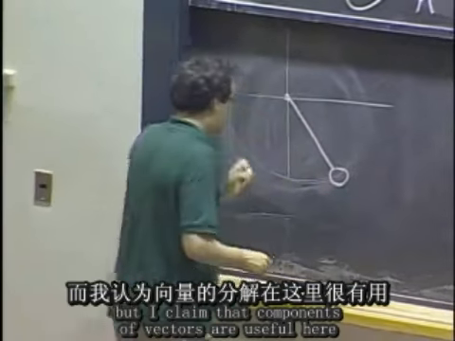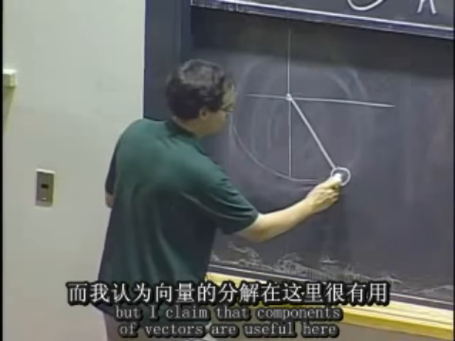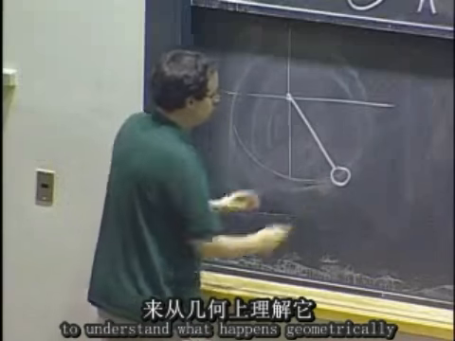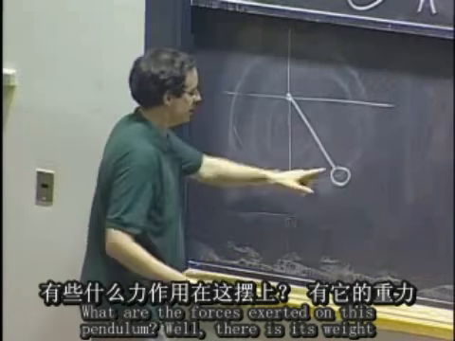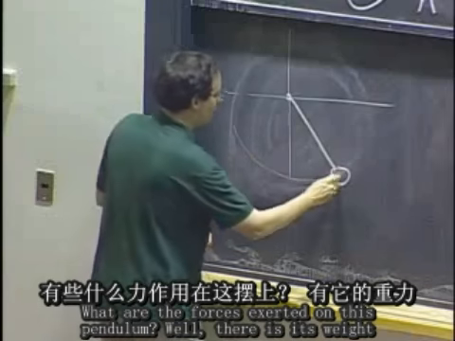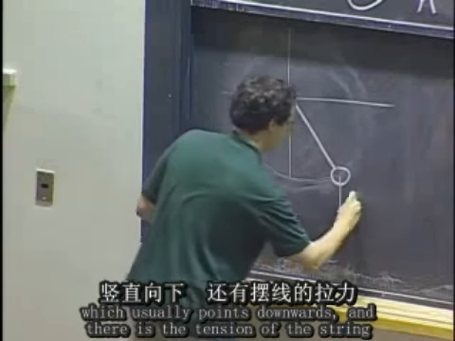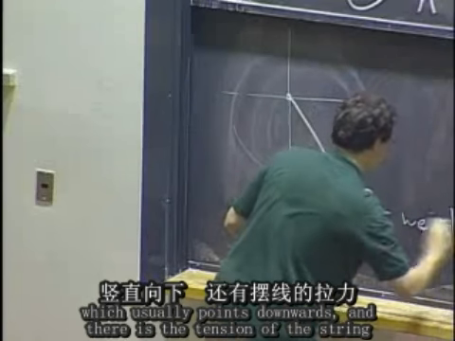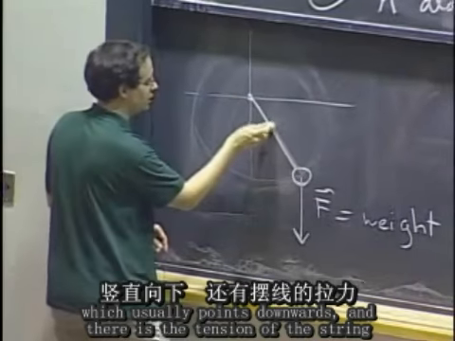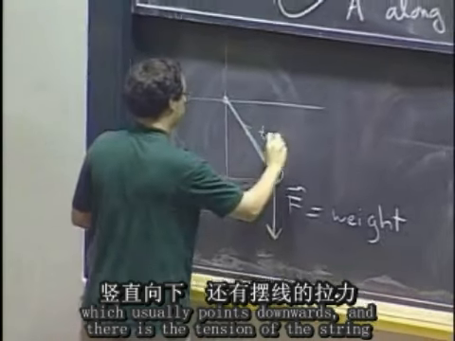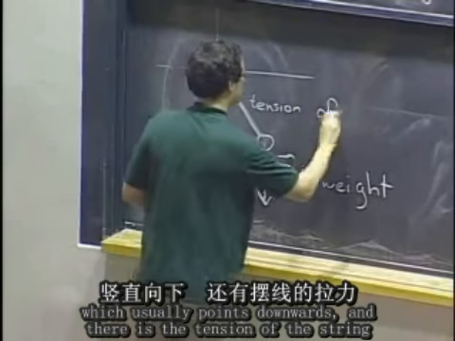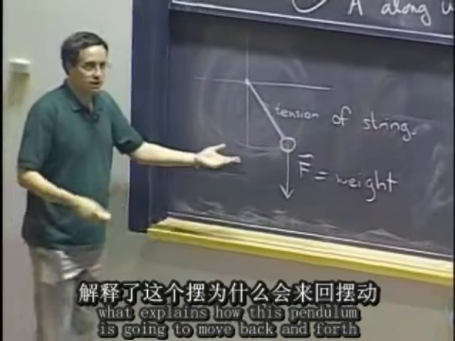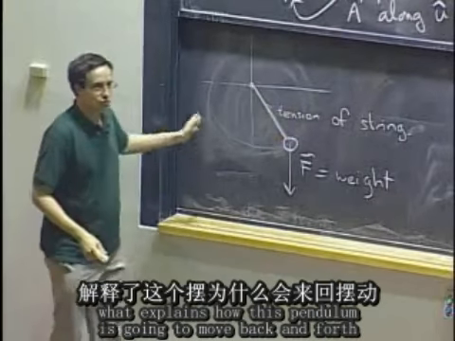But I claim that components of vectors are useful here to understand what happens geometrically. So what are the forces exerted on this pendulum? There's its weight, which usually points downwards, and there's the tension of the string, and these two forces together explain how this pendulum is going to move back and forth.